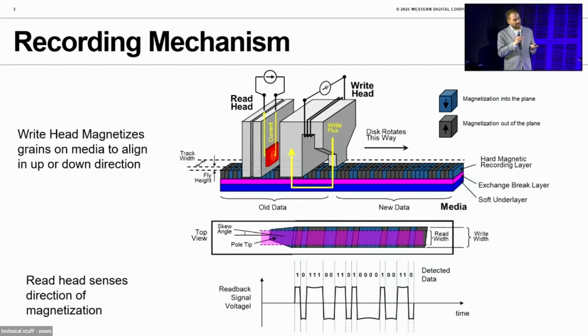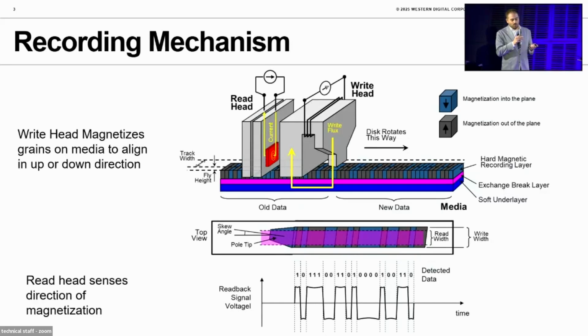That's flipping our magnets north and south. Now, I'm not showing energy-assisted magnetic recording. You hear a lot from Seagate on HAMR. That's just putting a laser in front of this, heating up the media, and then we're still doing the same thing of the normal magnetic flux change.